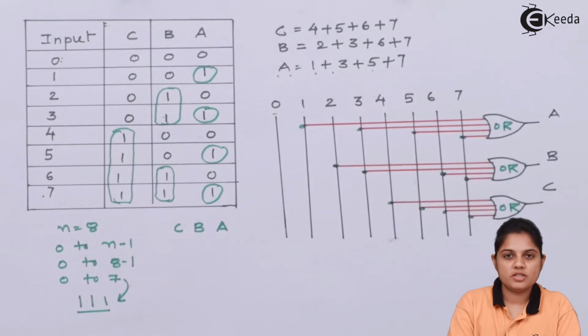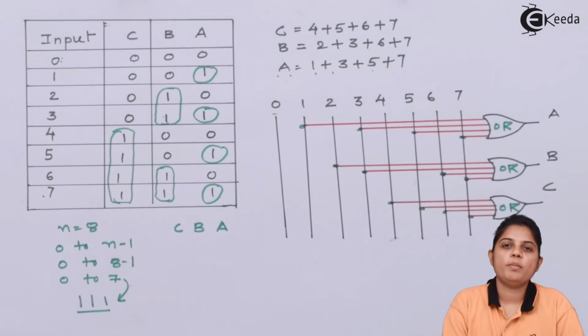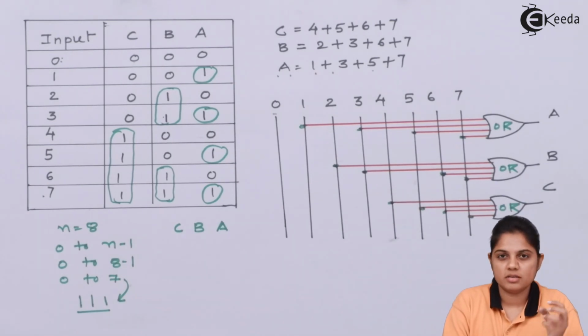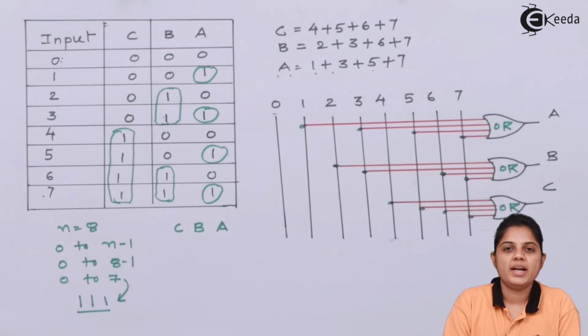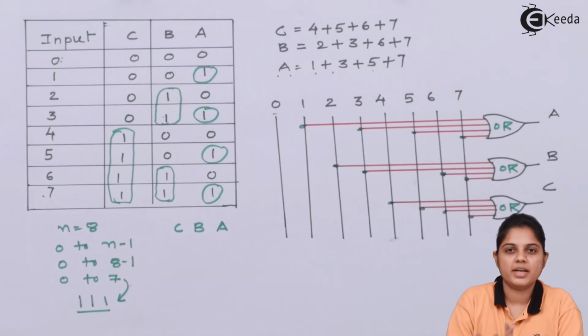From this you must have understood that data can be encoded in any digital format or any number system. So basically, an encoder is a block which selects the data from particular lines or particular data units, and it is converted into the required binary format or required data format.